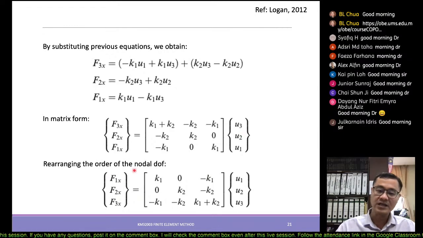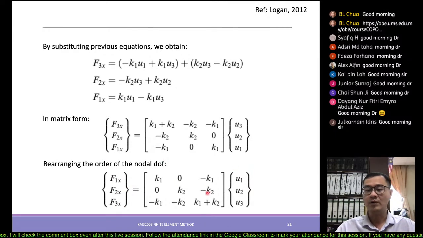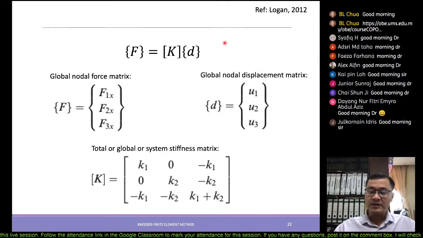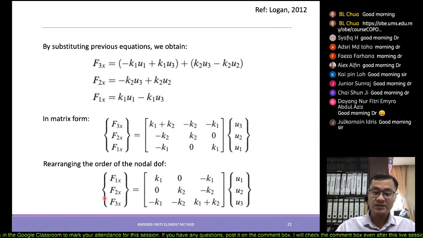If we arrange it not in the order 1, 2, 3, then it would be in this form. This form itself is again a capital F equals the stiffness matrix multiplied by the displacement.